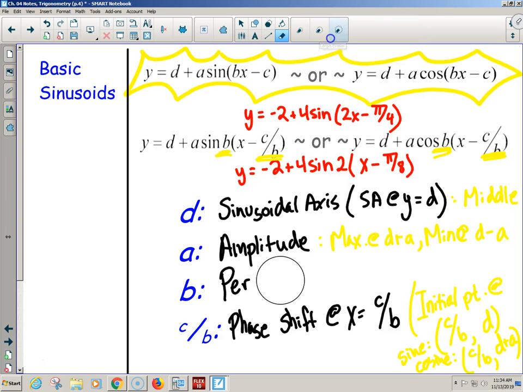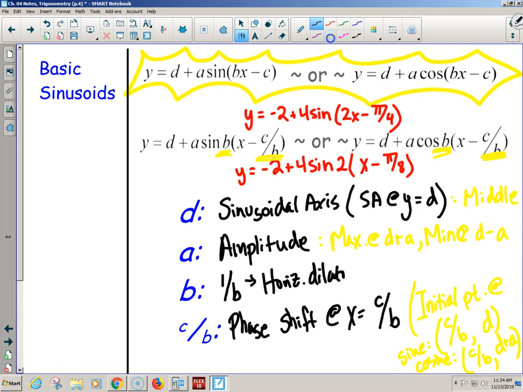Technically, he's not the period, though. 1 over B is the horizontal dilation. But what that means is my period, that 2 pi that is normally there, gets multiplied by 1 over B. And then I know how long to make my wave.